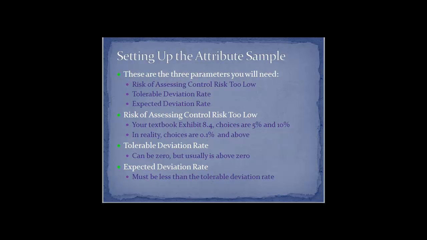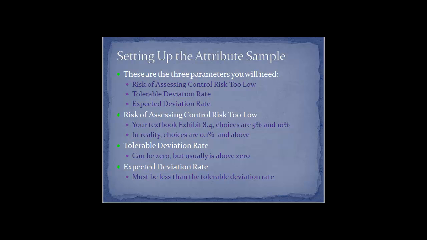Your textbook, Exhibit 8.4, shows the risk of assessing control risk too low as choices 5% and 10%. This risk is the chance we say the control operates as designed when it does not. Remember, if I say the control operates as designed, I'm saying control risk is low. There's low chance of control failure.